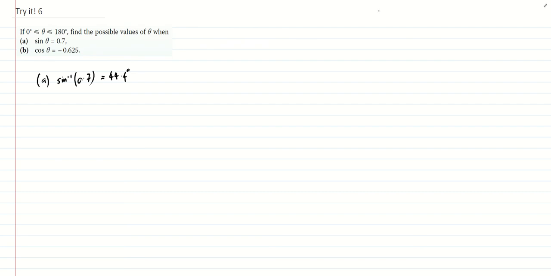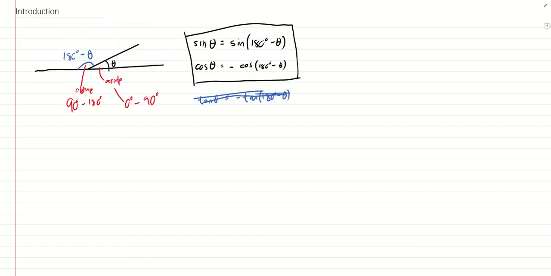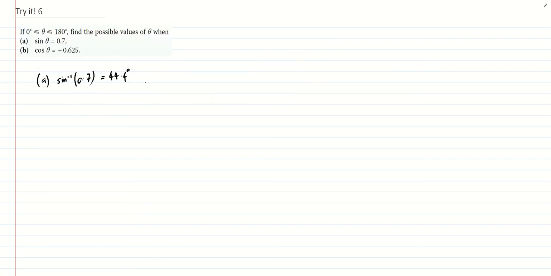However, because we have sine theta equals sine of 180 degrees minus theta, we also have to consider the fact that theta might be obtuse as well. So we have to say that yes, theta can be 44.4 degrees, but theta can also be 180 degrees minus 44.4.